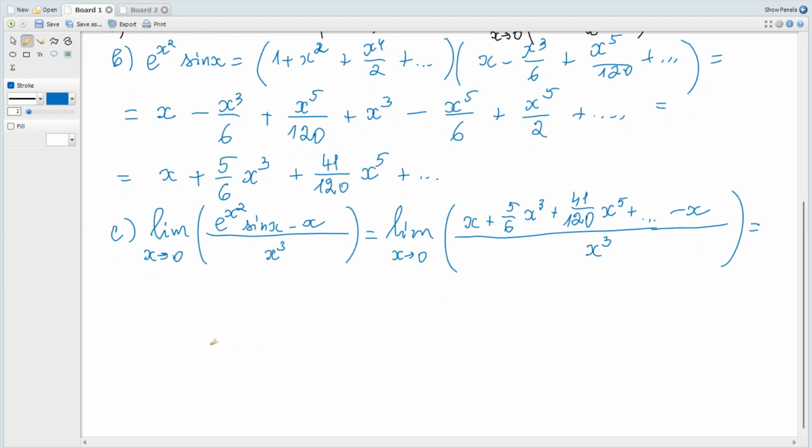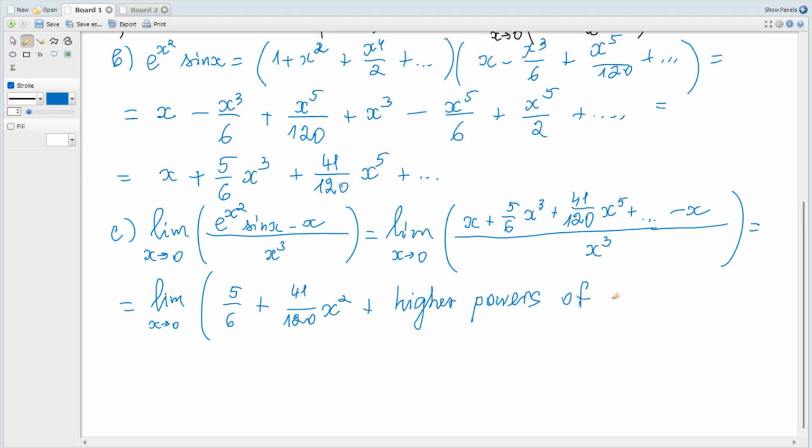It is equal to, you can see that x cancels, and dividing each term in the numerator and in the denominator by x cubed, we get that it is equal to the limit of 5 over 6 plus 41 over 120 x squared plus higher powers of x.